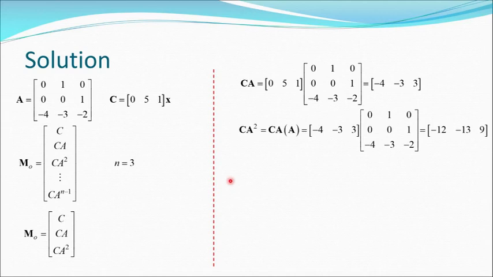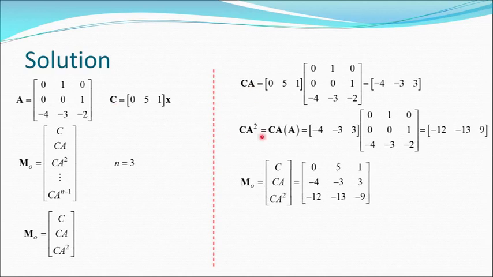Then we substitute matrix C, CA and CA squared in this equation to obtain MO.